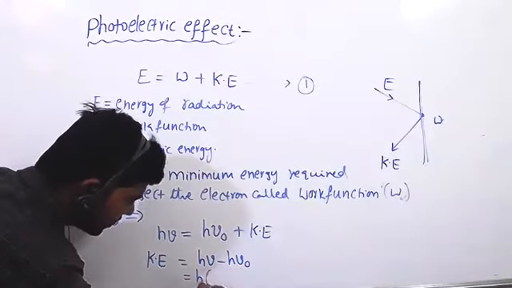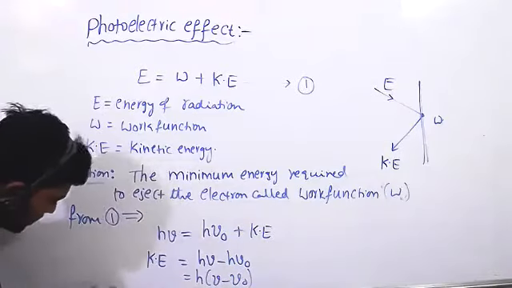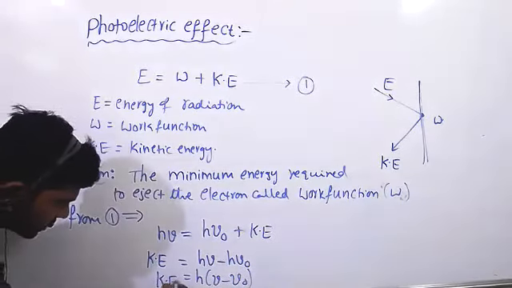Taking h common, K is equal to h times nu minus nu 0. This is the kinetic energy of photoelectrons and is also one formula.